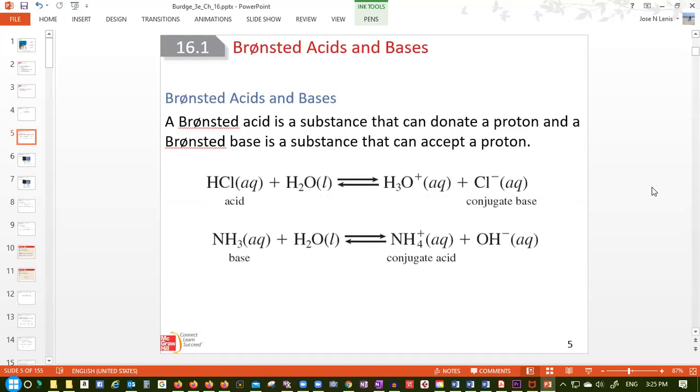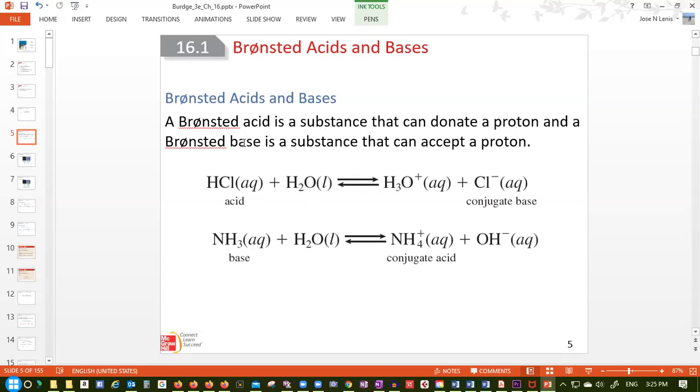Let's see this case. I will start with one strong acid, and that strong acid is hydrochloric acid.